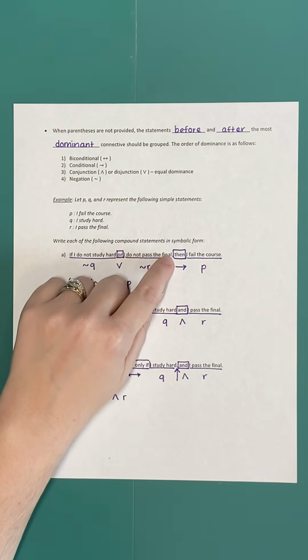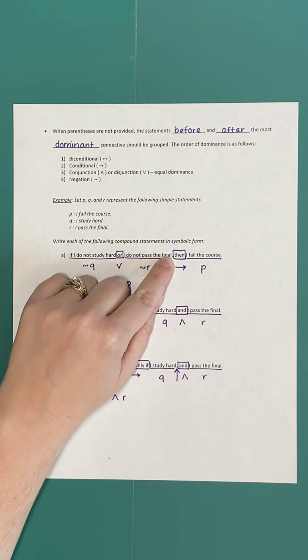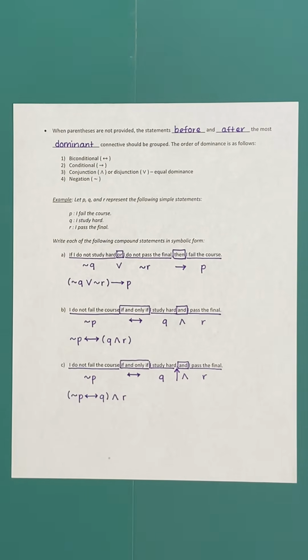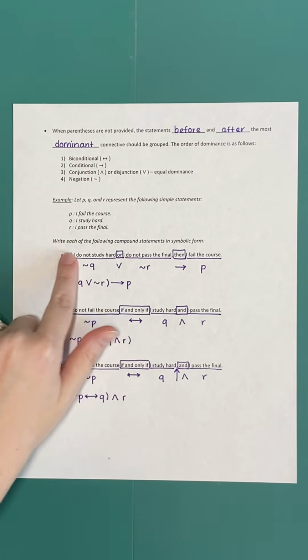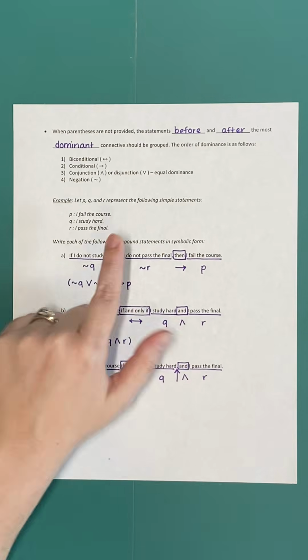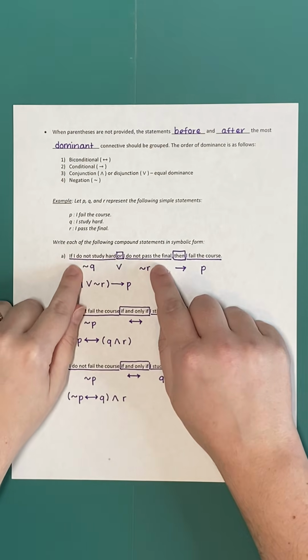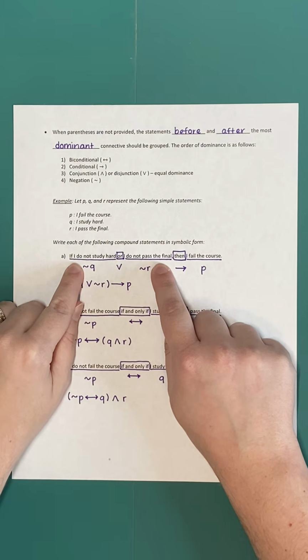Now it's hard to see because I've written over a bunch of stuff, but there's a comma right there before the then. The comma indicates the grouping. The comma tells us the things before and the things after are grouped. So the things before the comma, we have this particular phrase, I do not study hard or I do not pass the final. So that means everything before that comma is considered to be one grouped unit.